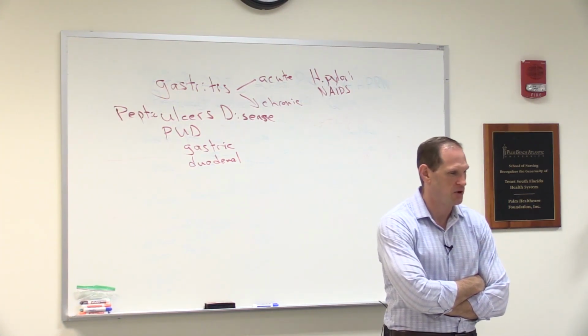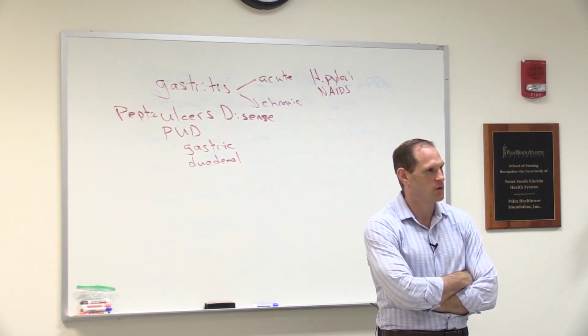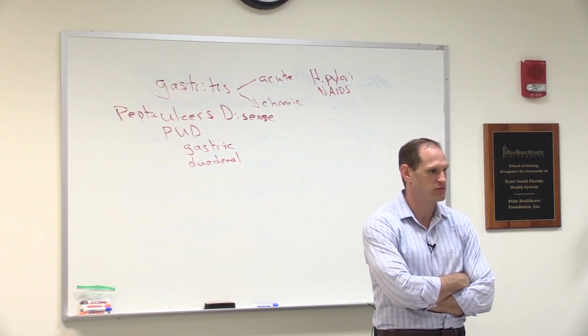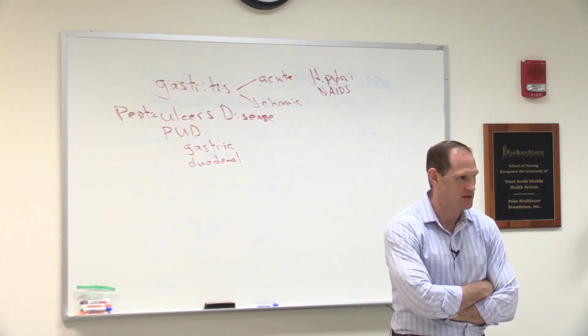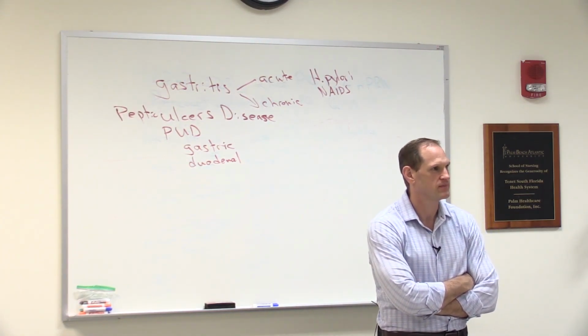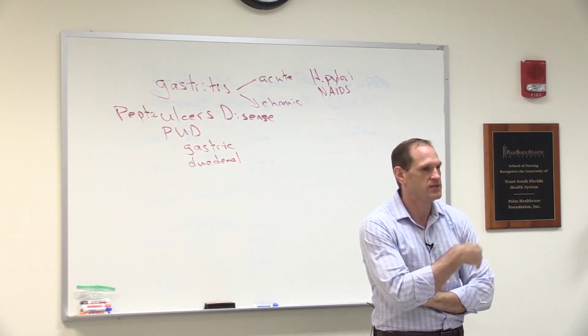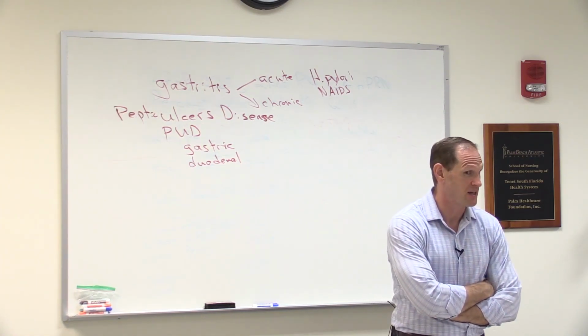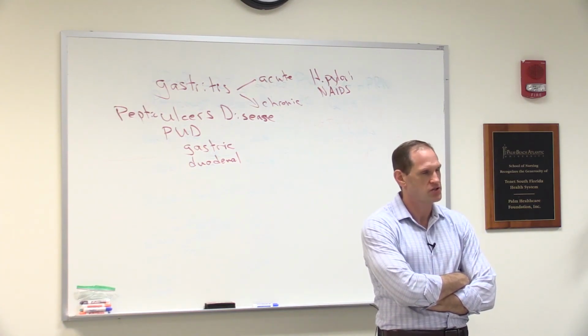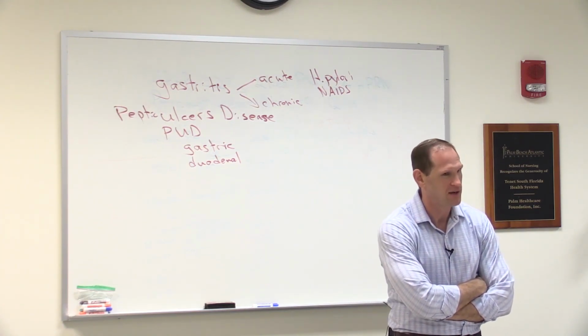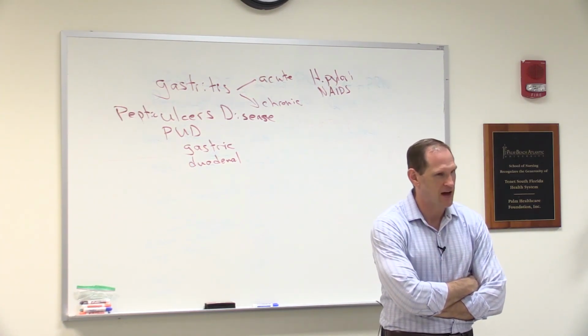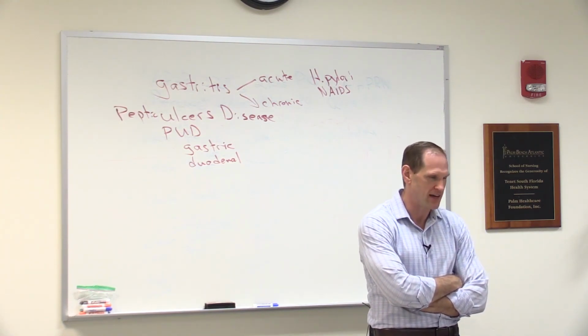When you've got a patient with an ulcer, you can ask them, does it hurt worse when you eat or does it hurt worse after you eat? And then you can look up what the difference is. Does that make sense? The other thing to be careful about is that pancreatitis, which we'll talk about later, is also associated with pain after eating. So you might think they've got an ulcer when in fact they've got acute pancreatitis.